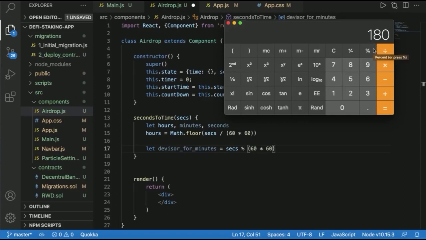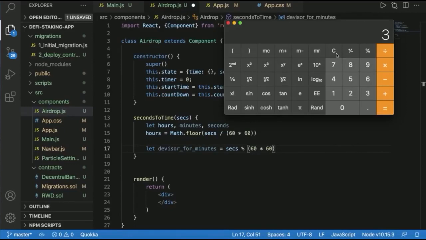Okay, and we still can't use 180 for our minutes, but if we take 180 and we divide this number by 60, we actually get 3 minutes. And the 3 minutes is essentially going to be the remainder for finding our minutes in 20,000 seconds.